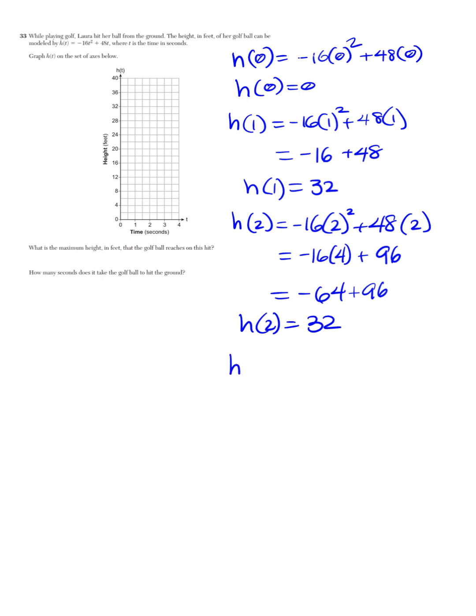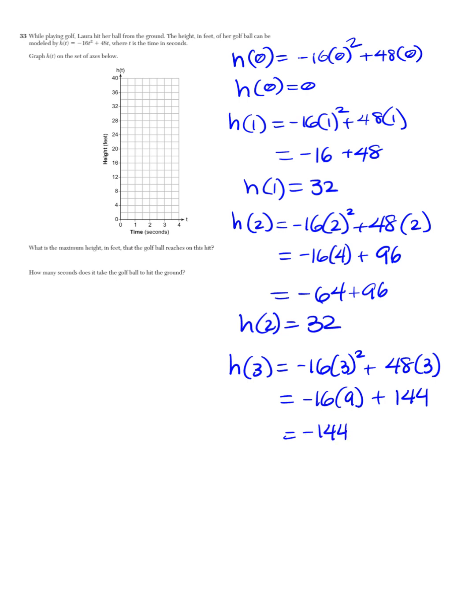Then we do the same thing for h of 3. We see that we have negative 16 times 3 squared plus 48 times 3. That gives us negative 16 times 9 plus 144. Negative 16 times 9 is negative 144, plus 144 just gives us h of 3 is equal to 0.